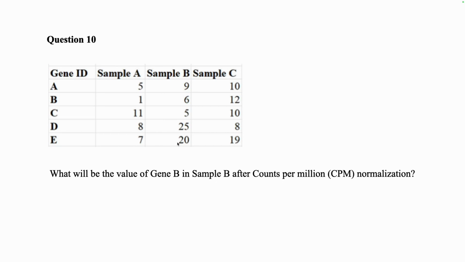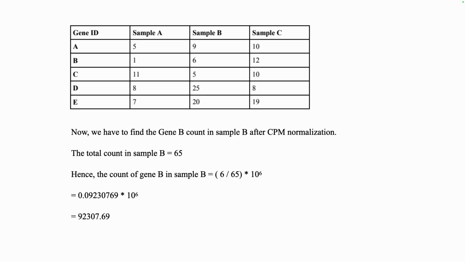Okay, let's look at how we can calculate the CPM for gene B in sample B. To calculate the CPM value, first we need to add all the read counts for all the genes. In this question we need to calculate for sample B. If we add all the values for all the genes of sample B, we get 65.